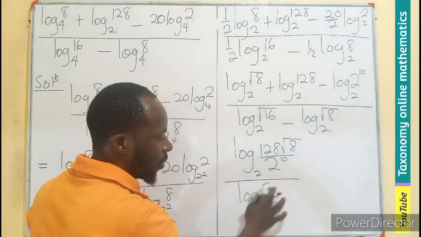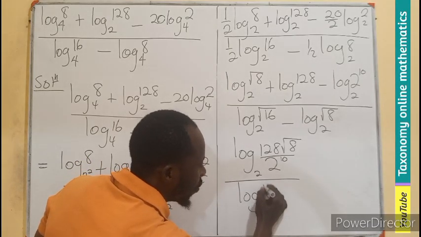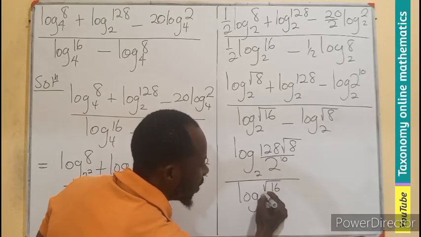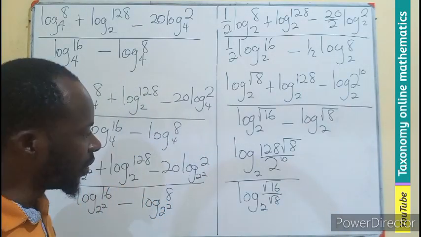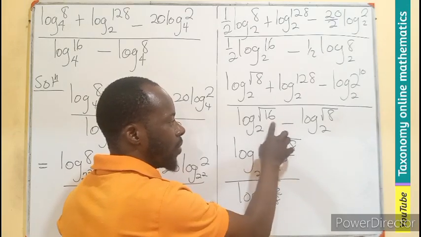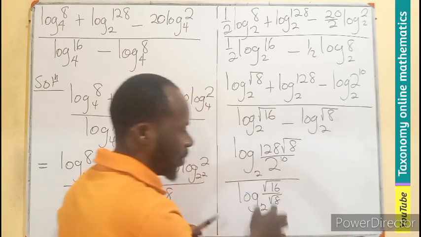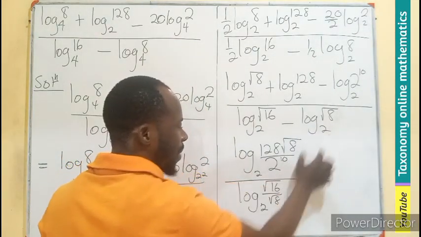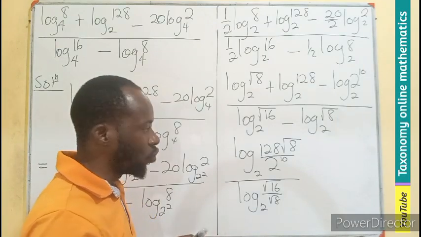Maybe I am jumping before the gun, so let's just put it this way: the root of 16 divided by the root of 8. I believe that will be easy to digest. The rule is this argument minus this, so therefore, the argument divided by the argument. So root 16 divided by root 8, still under the same base, base 2.